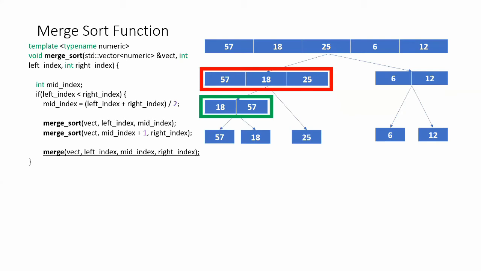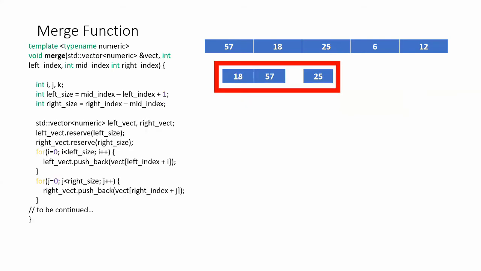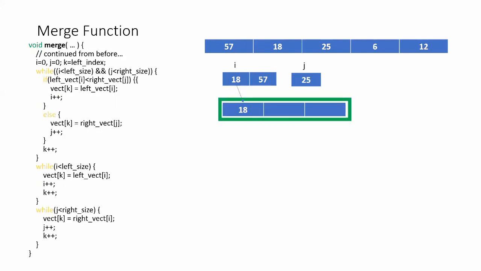So now we take this green box, which is the 18 and 57, and merge it with the 25. This is what happens. So we take the left side, which is the 18 and 57 array, we make a copy of it, and we take the right side of the array, which is just 25. Here it's nice and simple. Right, so now we'll merge it and sort it together.